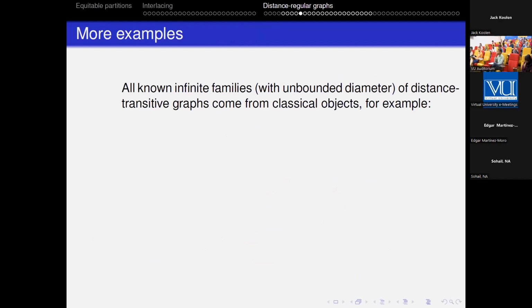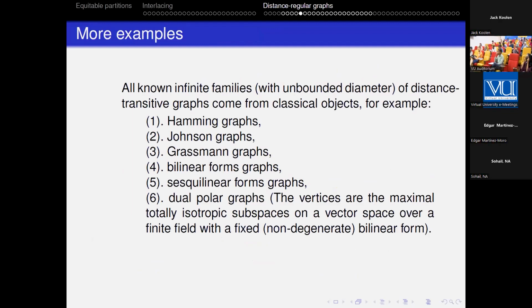Almost all the known infinite families with unbounded diameter of distance transitive graphs come from classical objects. So here are some examples. You've seen the Hamming graph and the Johnson graph. The Grassmann graph is essentially the same as the Johnson graph, where instead of sets you take vector spaces over a finite field.